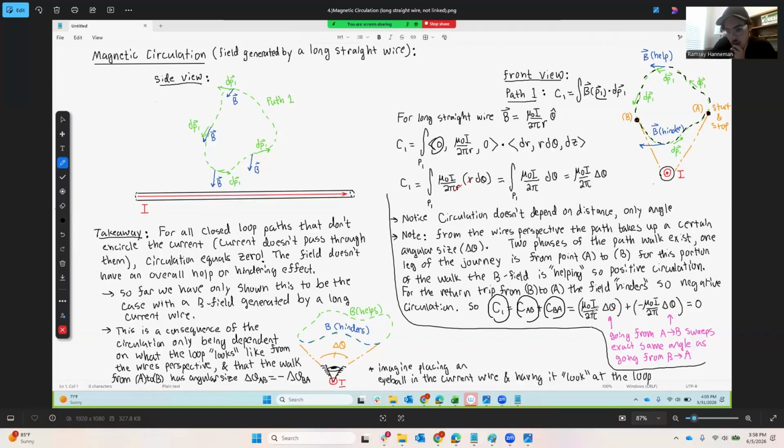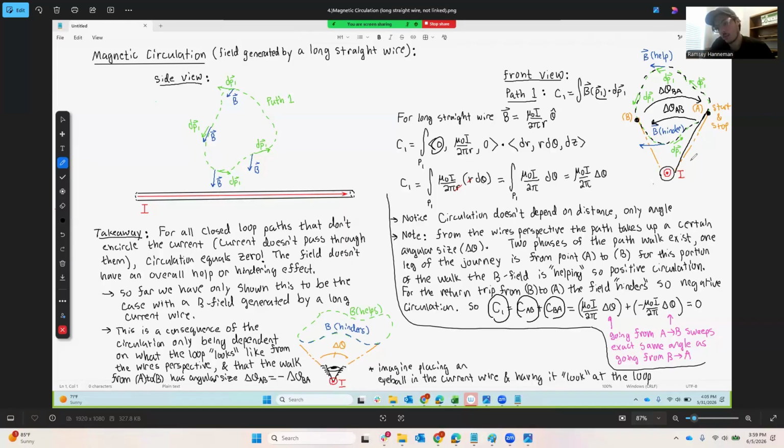The only difference there is that the angle that you sweep out walking from A to B, call that delta theta AB, is the exact same angle that you sweep out as you walk from B back to A. There's only one difference. What would that difference be?